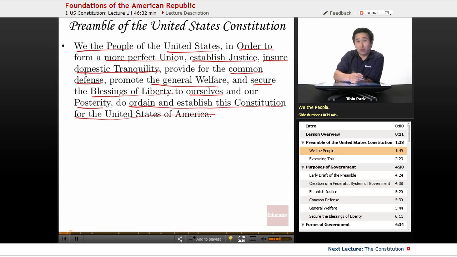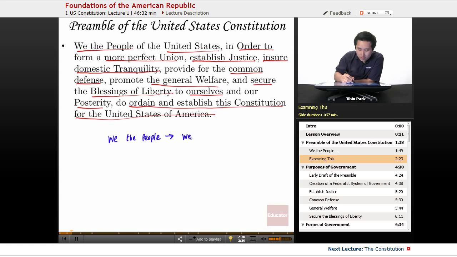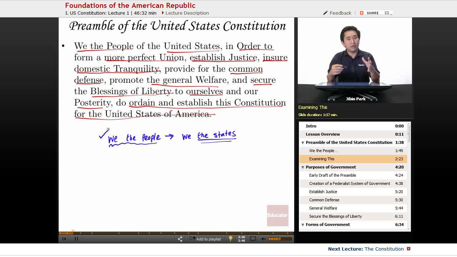So this is the setup for what the Constitution is about. And again, this actually went through different drafts. We the people was actually the final product instead of we the states or some version thereof. The whole idea of what the Constitution was: is it a collection of states or is it a collection of people? So in this introductory line, it basically answered that the United States is a collection of people and not necessarily states.